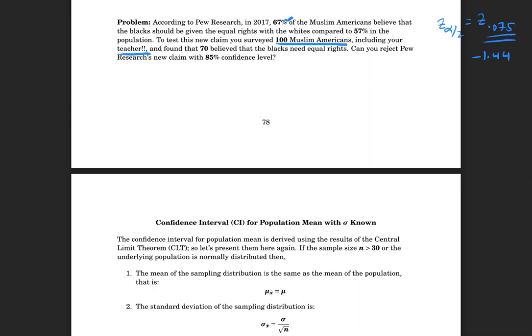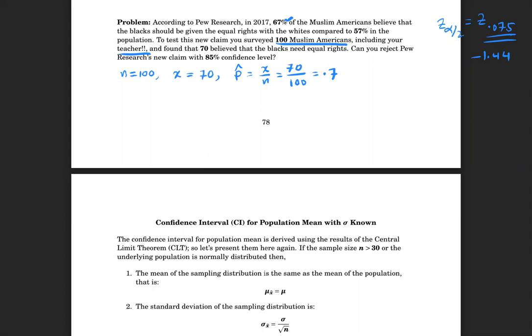So my n is 100 and my x is 70. My p hat is x over n, which is 70 over 100, which is 0.7. All right, so 0.7 is my p hat.